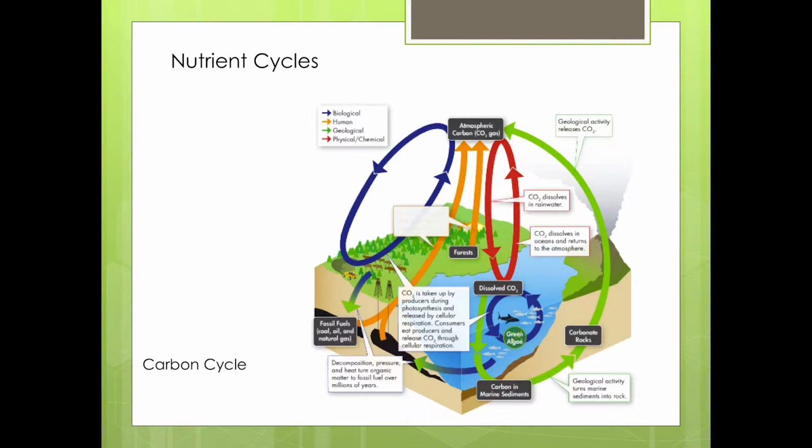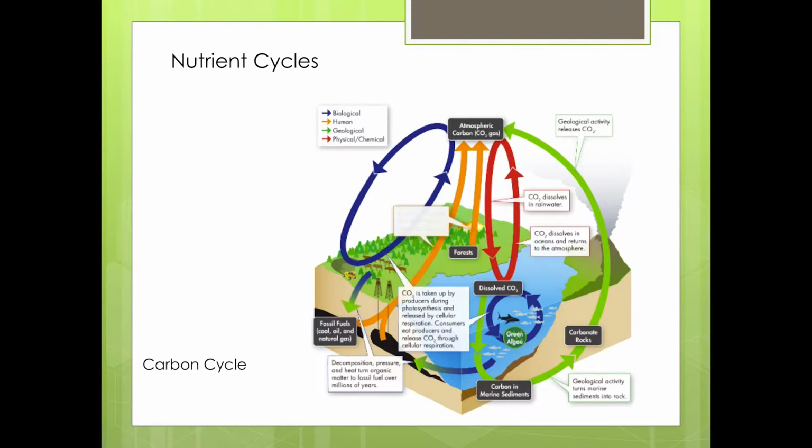When plants take in carbon dioxide into their leaves, like I said, they take that carbon dioxide in during photosynthesis, they're rearranging those atoms and turning that into sugars, into glucose that other organisms eat. And so that carbon molecule could be in a blade of grass that was originally carbon dioxide gas in the air.